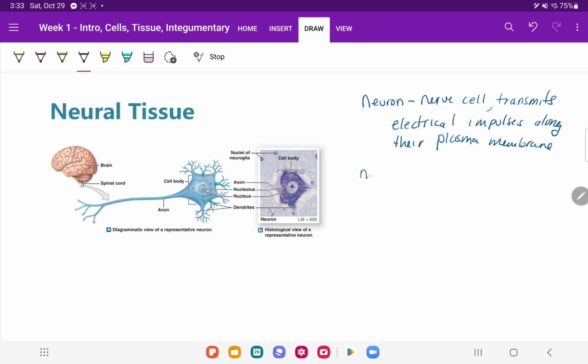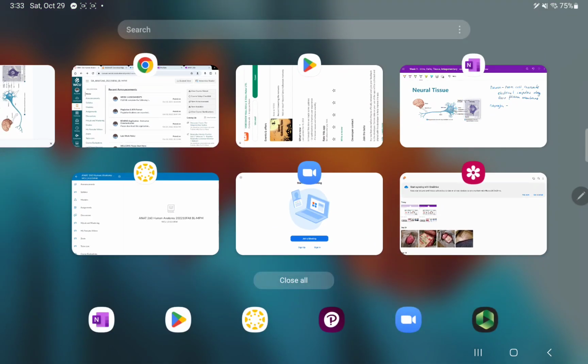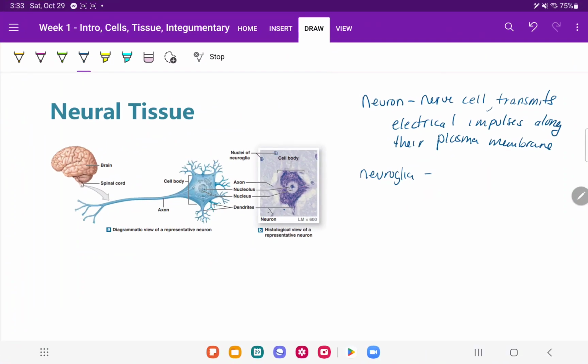Whereas neuroglia, the other type of nervous tissue, is a general term for several different kinds of supporting cells. So it's really just supporting cells of the nervous system.